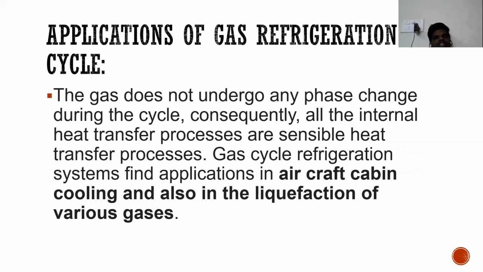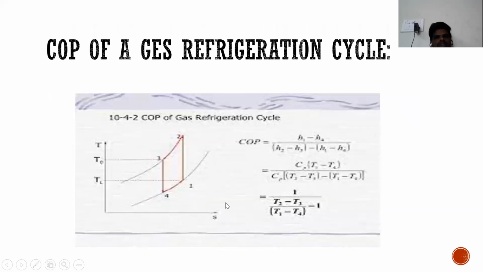Gas cycle refrigeration systems find applications in aircraft cabin cooling and in the liquefaction of various gases. In aircraft, it is used to reduce the temperature in the engines, and these are some of the applications.